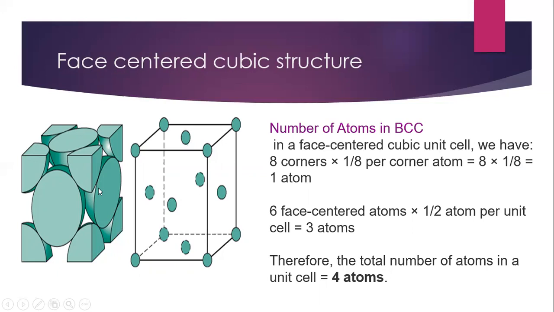And here we know that a unit cell consists of 6 faces. How many faces does a unit cell have? 6 faces. And if I talk about the atoms present at a face, please remember, the atom which is present at the face, half atom is inside the unit cell and half atom is outside of the unit cell. So I can say that a face atom contributes half of the atom.